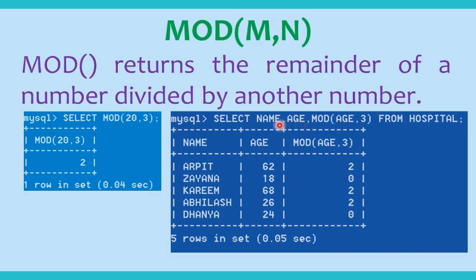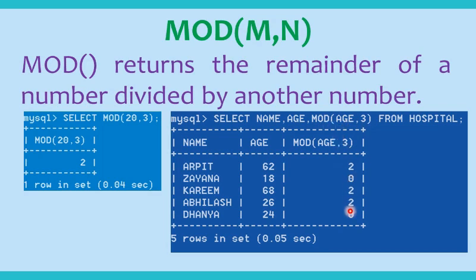It will take the values name and age from the hospital table. And third, I am showing mod age, 3. It means it will take the age from the hospital table. For each record, the age will be divided by 3 and whatever remainder comes will be shown in this column.